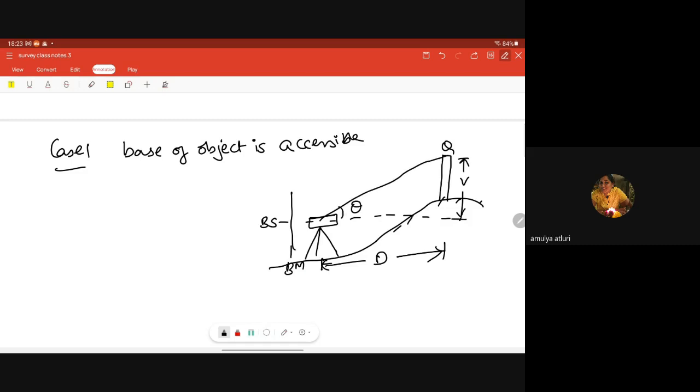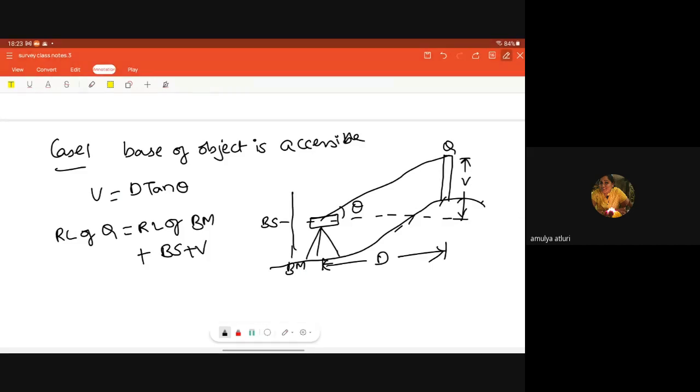So this angle is theta. Okay. When the base of the object is accessible, then your vertical height V is equal to D into tan theta, right? So my RL, reduced level of Q, is equal to RL of BM plus BS plus V. Got it?